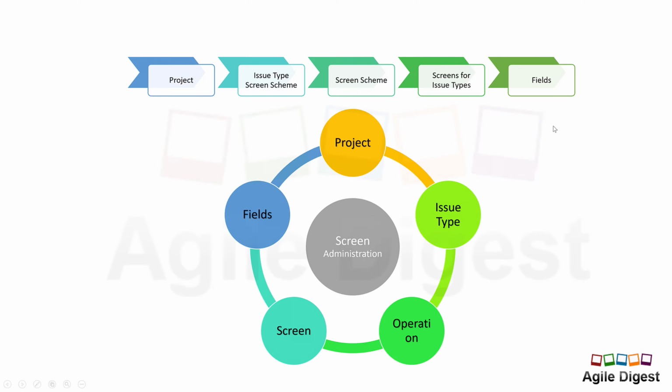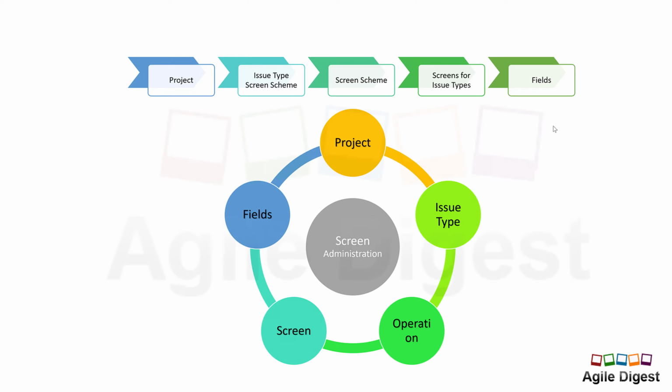This is the structure for configuring screens. The configuration of screens is a little complicated, but the use is very simple. Use in the sense that when we are using Jira, by the configurations that we have made at the back end, the use is easy, but the configuration is a little complicated. But once you understand that, you will not feel that it is that complicated.